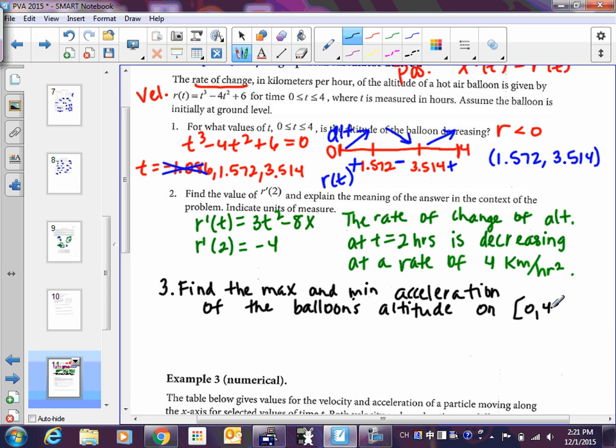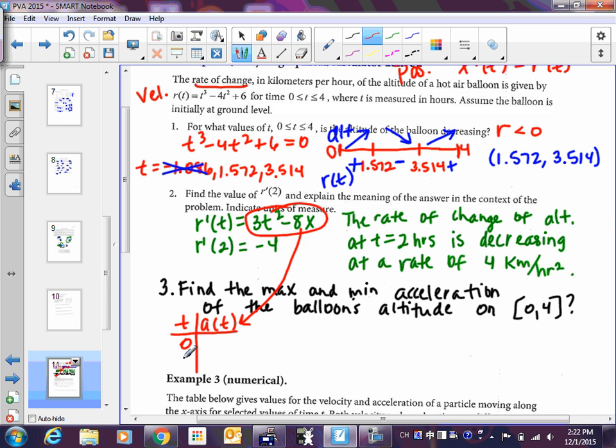And I really should have put the closed interval, although it is in there. Okay, what are we trying to maximize and minimize? Acceleration, right? Do we have an expression for acceleration yet? Yeah, we just did it. It's right here. Draw yourself a little arrow if you need to.